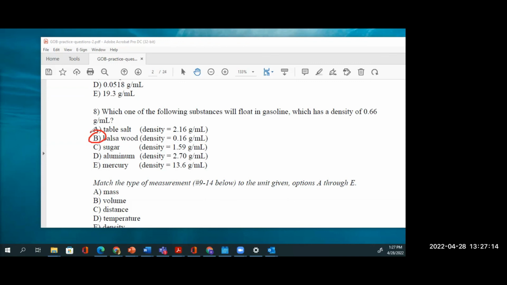Which one is lighter density? Yeah, the one that has the lighter density is always going to be the one that's going to float, right? So, for instance, oil and water. Water has a density of 1.00. Oil has a density of, I think, 0.97, depending on the oil. So which one's going to float on top?